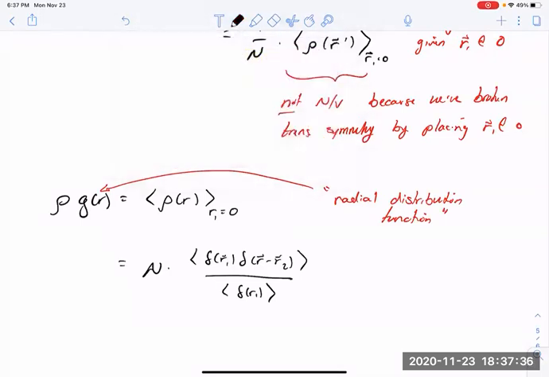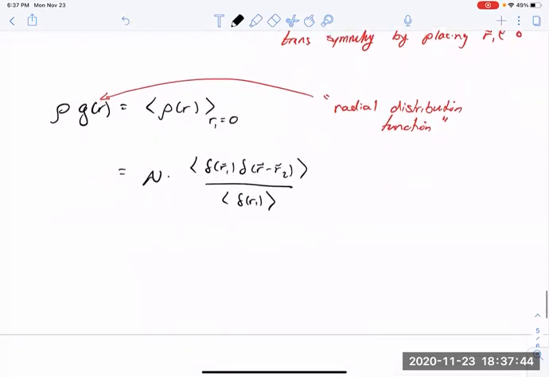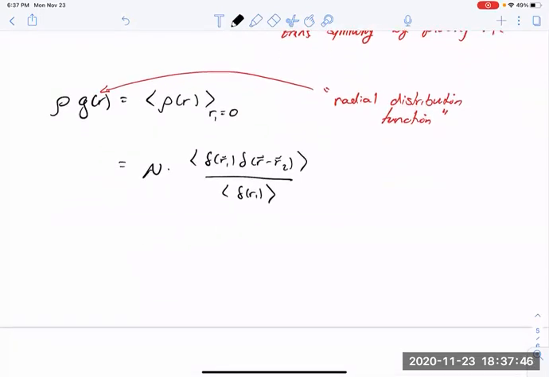By conditioning, we break translational symmetry and therefore can generate correlations. We can generate structure. It is nothing but the factors of n times the conditioned probability of finding a particle at some location in space, given I put a particle at the origin.